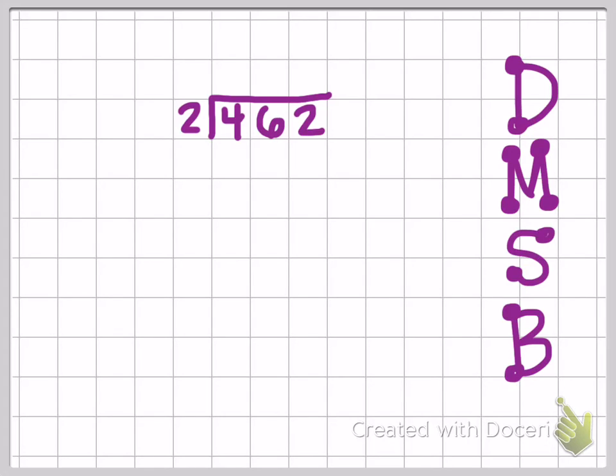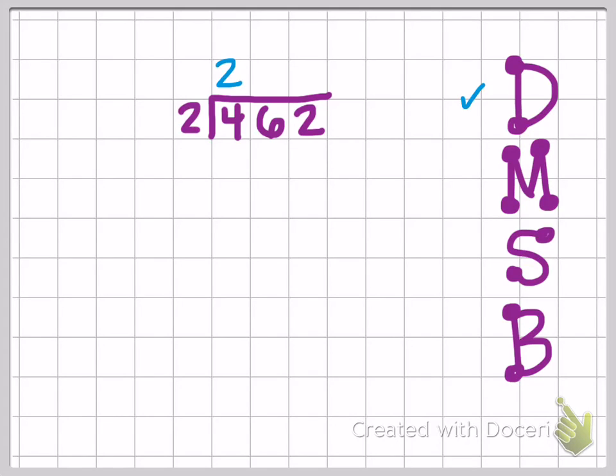Again, you can do the problem with me. We start with the very first digit, which is 4. So right now we're thinking about 4 divided by 2. That's our first step. 4 divided by 2 is 2. It goes right over the 4.